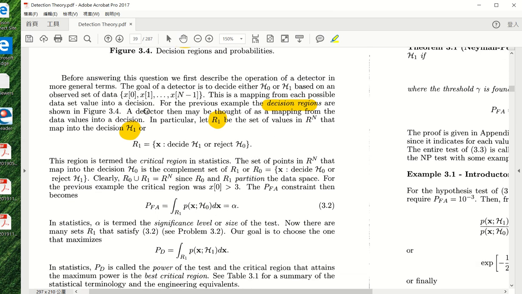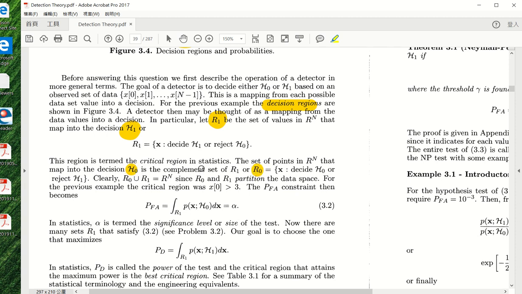Okay. So that's called the critical region. The set of points in R^n that map into decision H0 is the complement of R1, or we say R0.